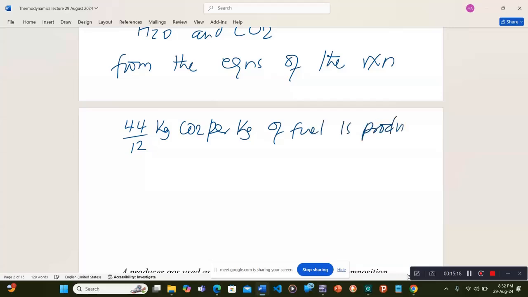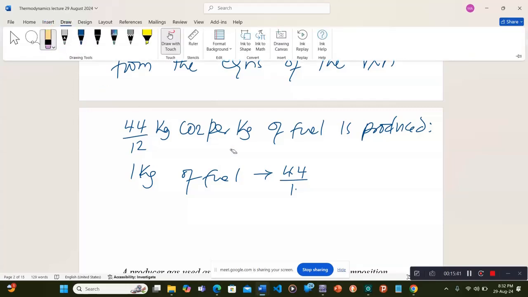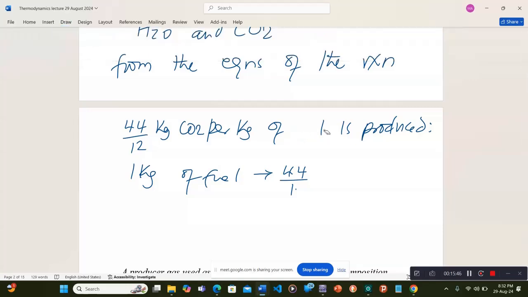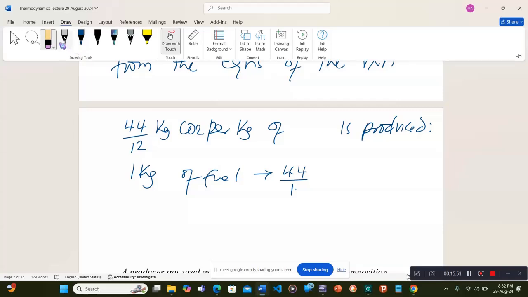Okay, maybe we need to reshape this. This is not specifically on the whole of fuel, but 1 kilogram of carbon.